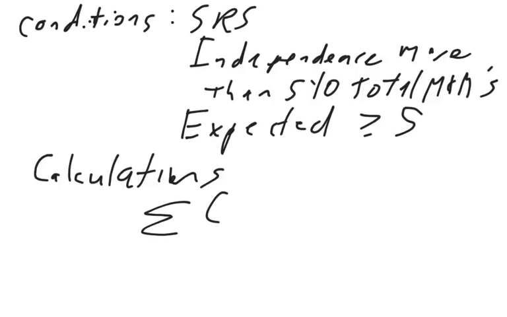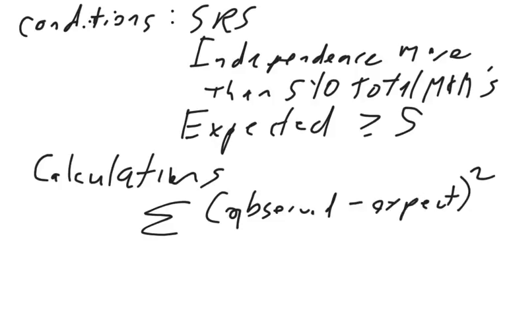So we're going to do the summation of the observed minus the expected, squared, divided by the expected.